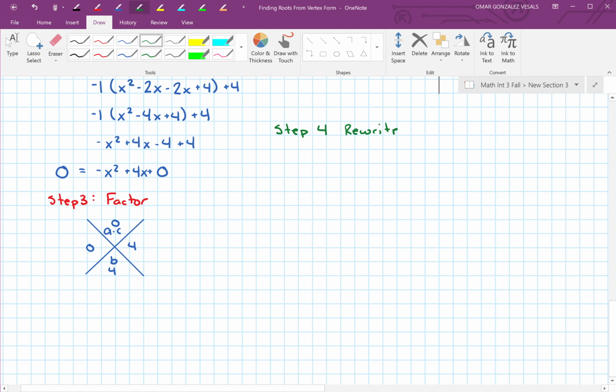It's not going to be 0 equals negative x squared plus 4x plus 0. But I want to rewrite this 4x. And I rewrite it as what? Negative x squared plus what? 4x plus what?